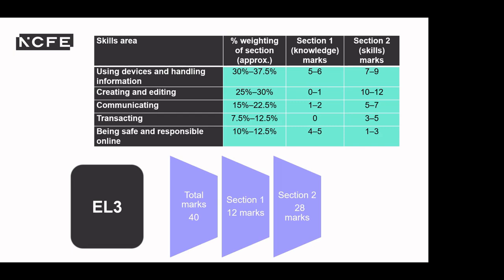So we have the weightings here on the screen for entry level 3. As you can see, at entry 3, the highest weighting is for that first skills area, using devices and handling information, 30 to 37.5%, which is assessed fairly evenly through the knowledge section and the skills section, while other topic areas, for example, transacting and creating and editing, are not really assessed through the knowledge section at all, or perhaps very little, while they're mainly assessed through the skills section.